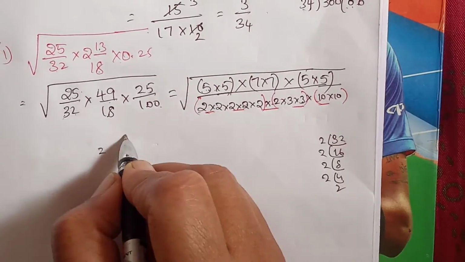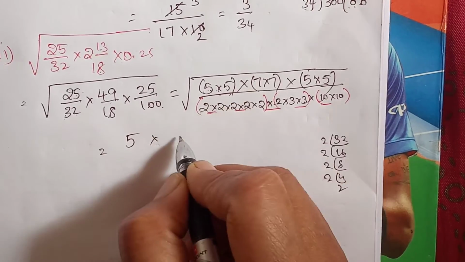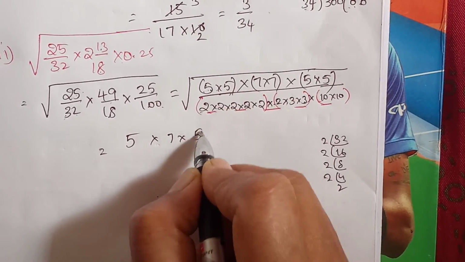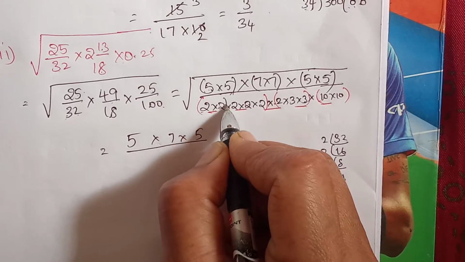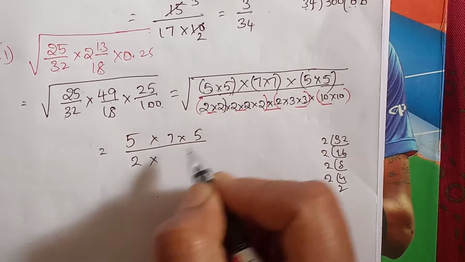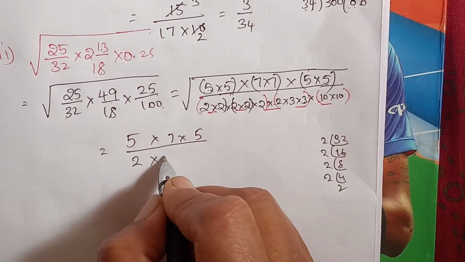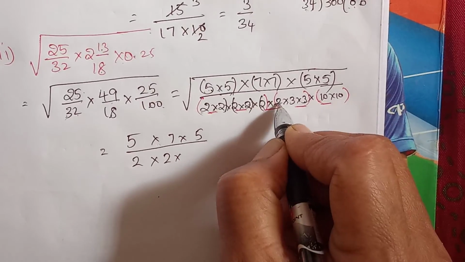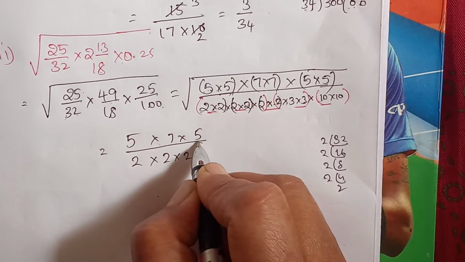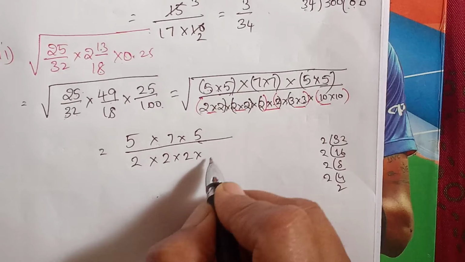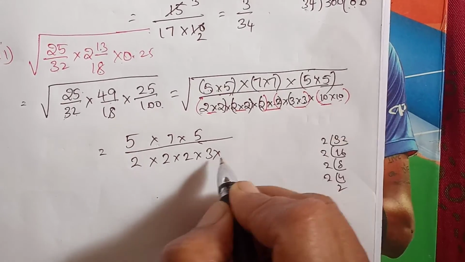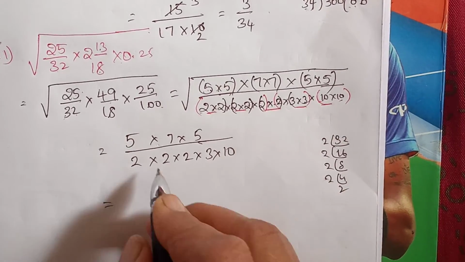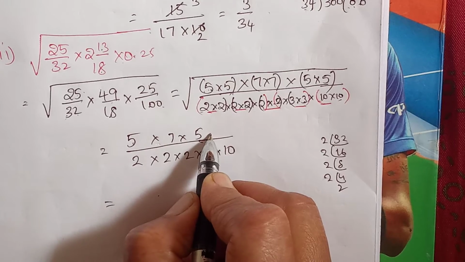So what is the number? 5 7 5 by, this is 1 2, this is another pair 2, this is another pair 2, and 3 and 10. Okay, 5 5s are 25.